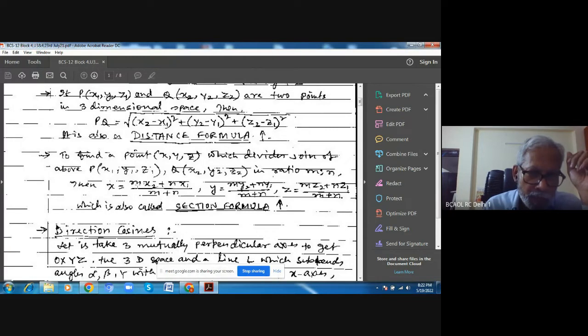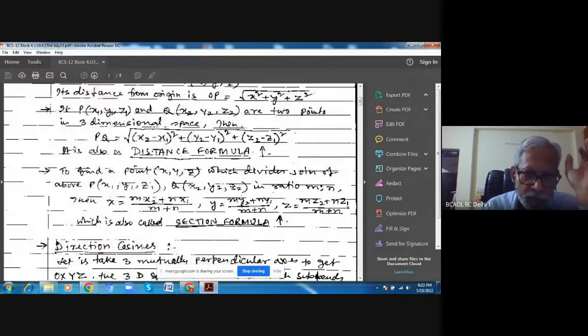This is multiplied by ratio m, here multiplied by ratio n, divided by m plus n. Everywhere the denominator m plus n has no change. Only in the numerator the changes are x2, x1, in this case y2, y1, and in this case z2, z1.